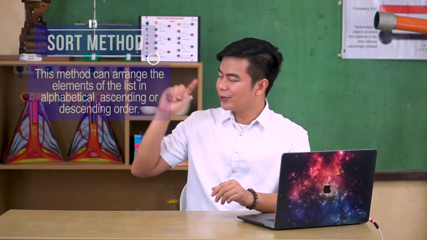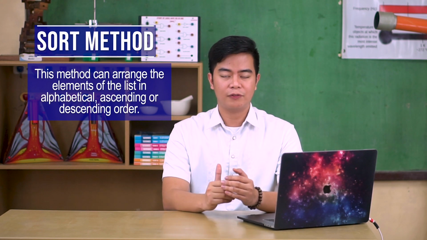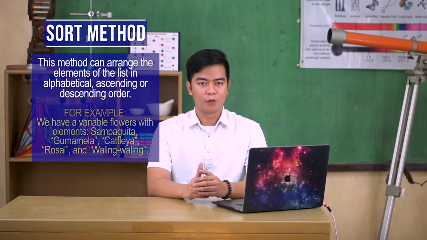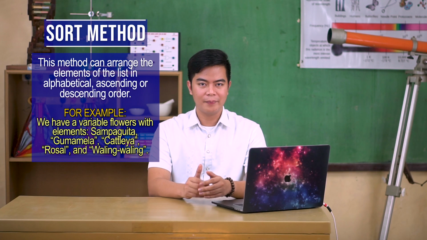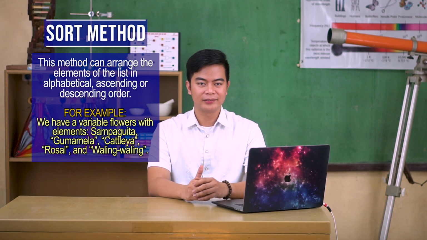Lastly, the sort method. It can arrange the elements of the list in alphabetical, ascending, or descending order. For example, we have variable flowers with elements Sampaguita, Gumamela, Cattleya, Rosal, and Waling-Waling.